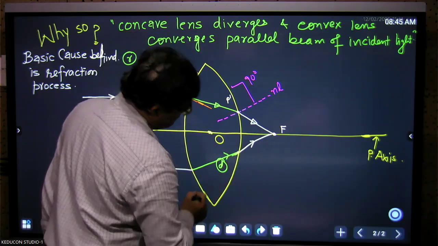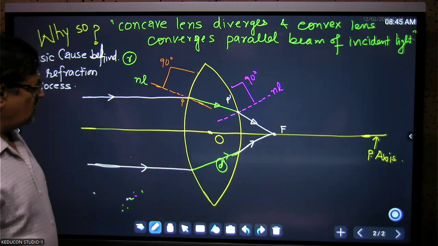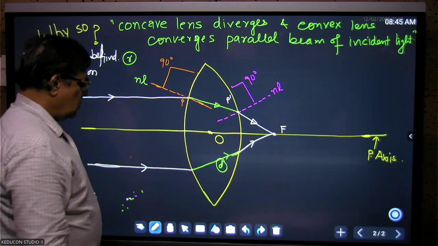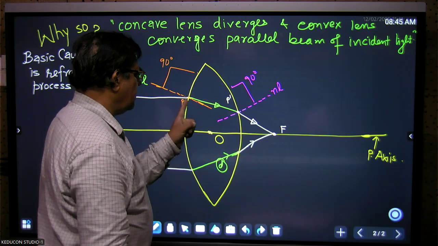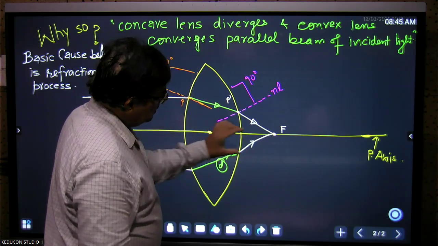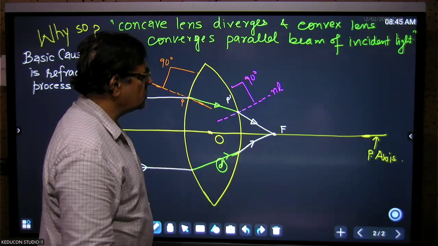So double refraction takes place here also, like in the upper ray, right? Finally, the ray of light after two refractions at point P as well as P dash gets focused at point F, which is called the principal focus.